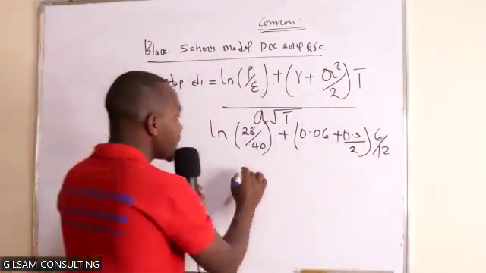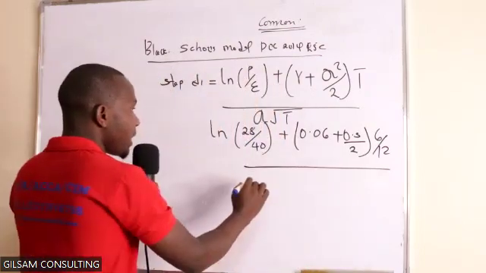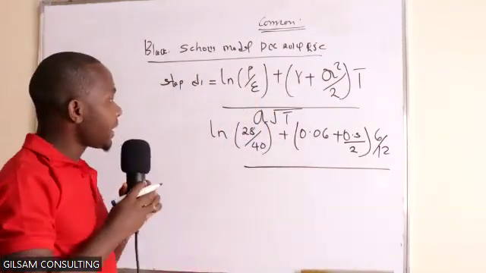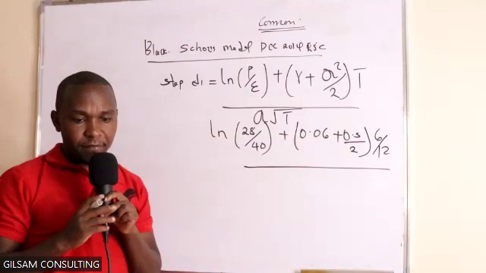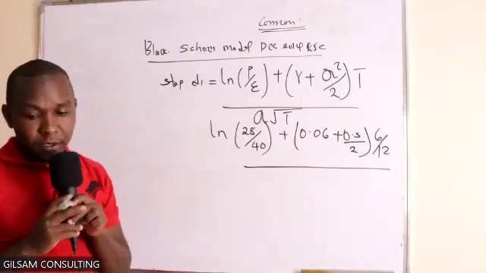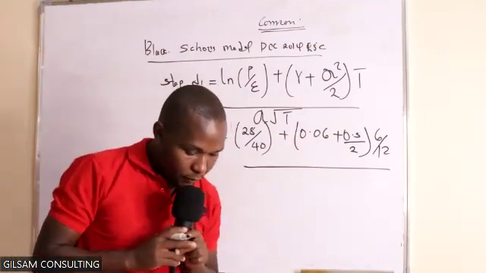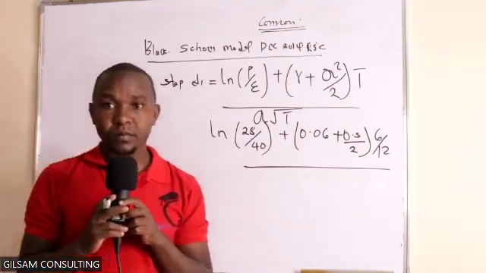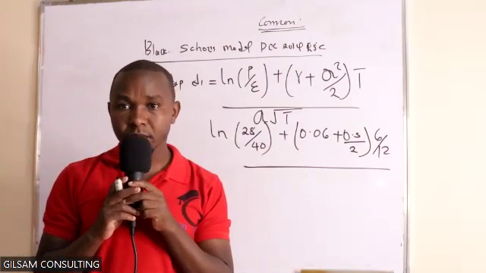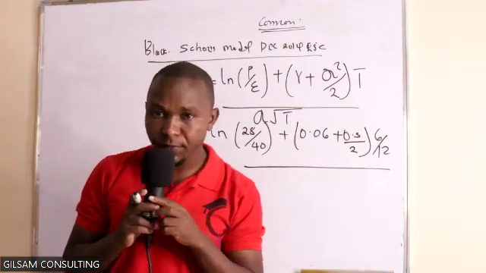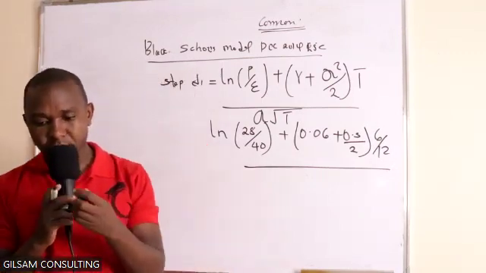And then everything there, we divide by the standard deviation. What is the standard deviation here? Standard deviation is the square root of variance. So if you take the square root of the variance, how much?